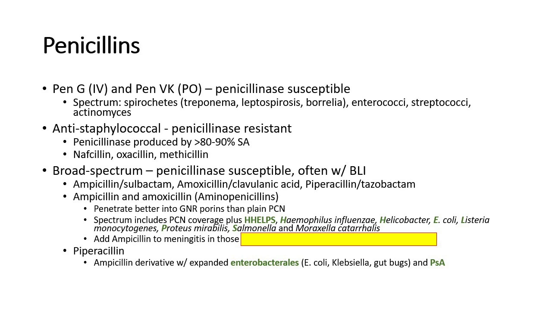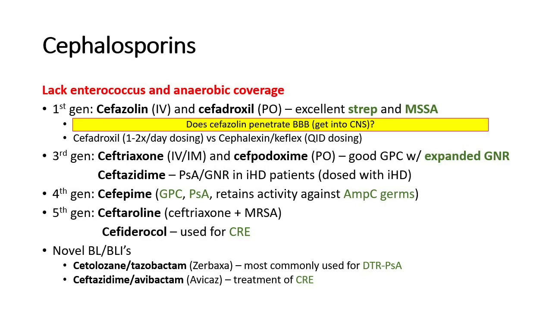So think about it as the tails of life, early life, late life, and then anyone who is immunologically at an immature stage or through immunosuppression. And then Zosyn, of course, has broader Enterobacteriaceae activity with Pseudomonas included.